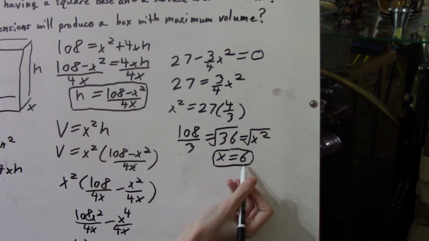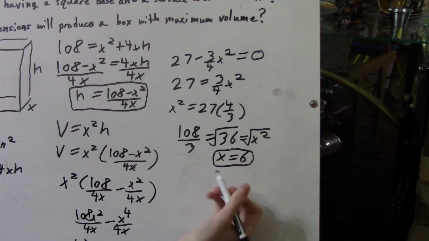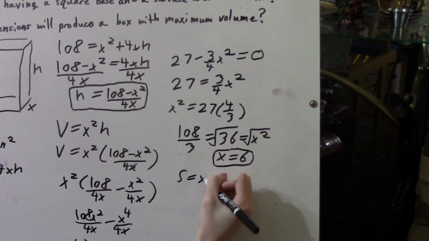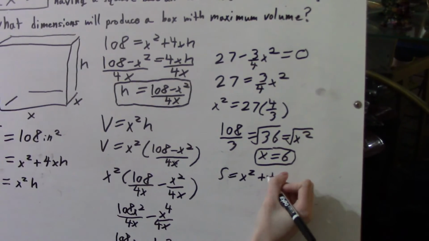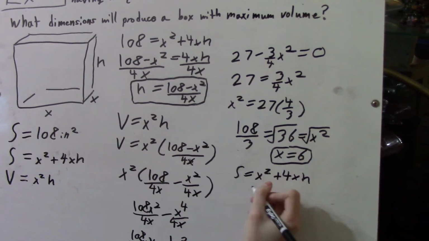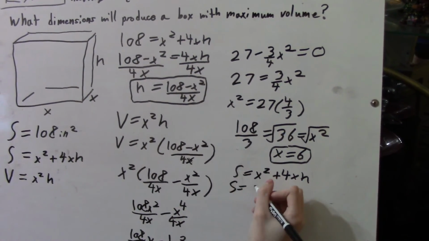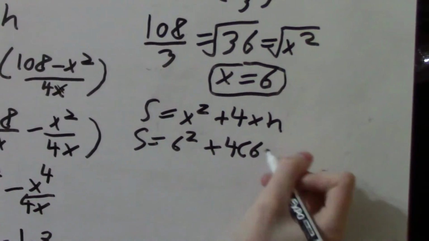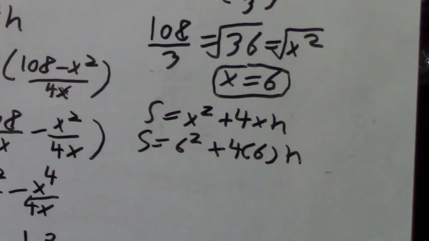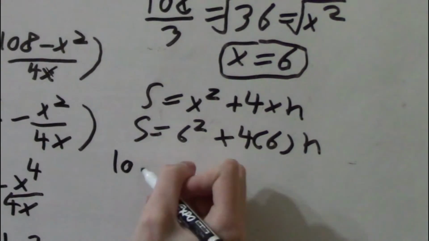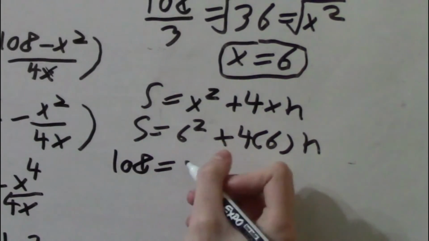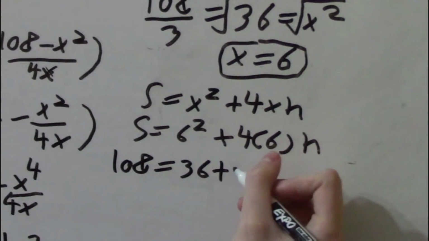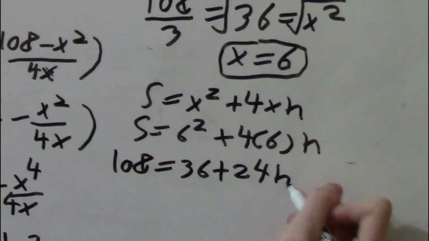And we're going to take this 6 and plug it into the surface area equation. Alright, so 108 is equal to 36 plus 24h.